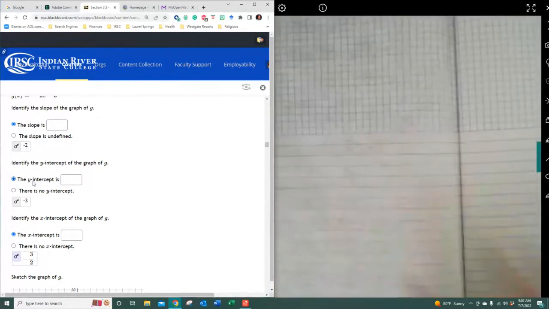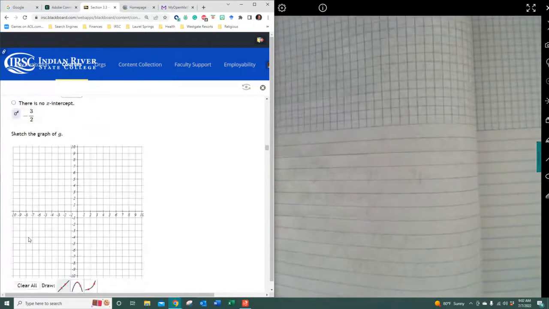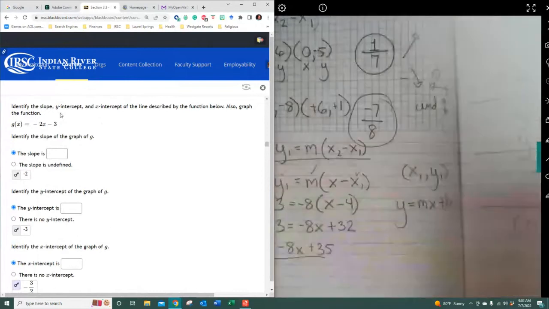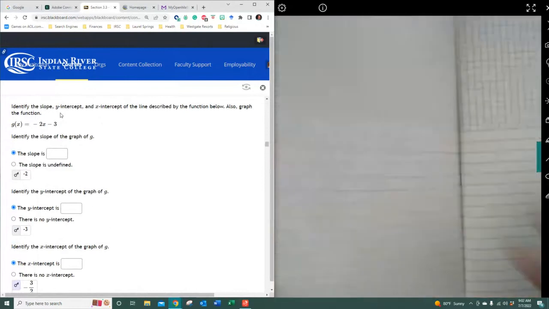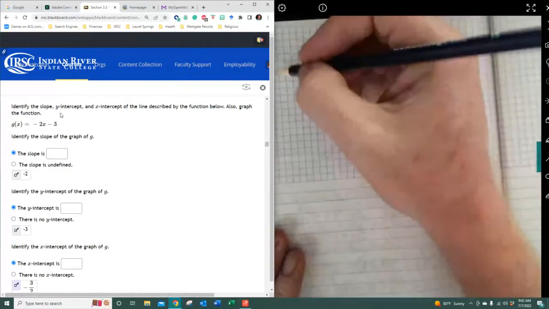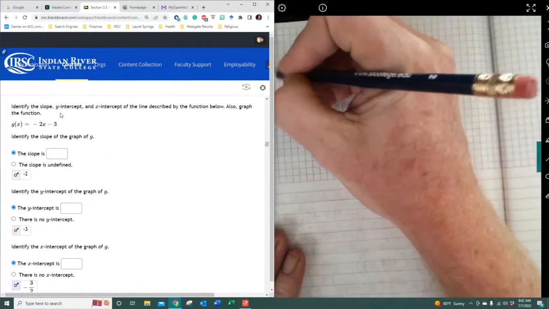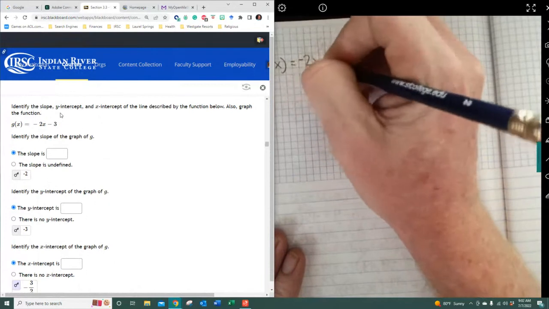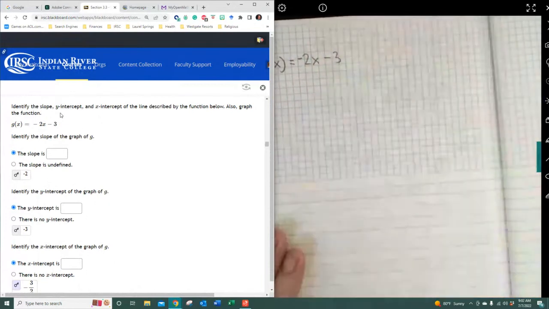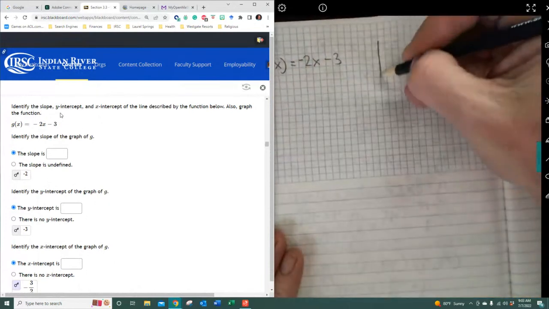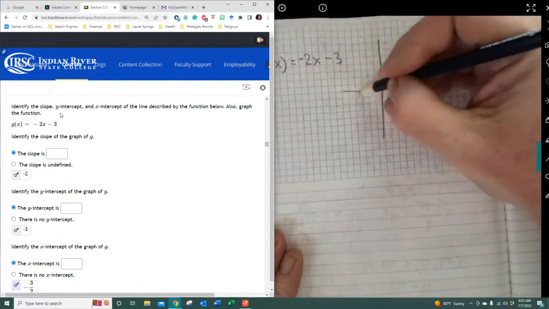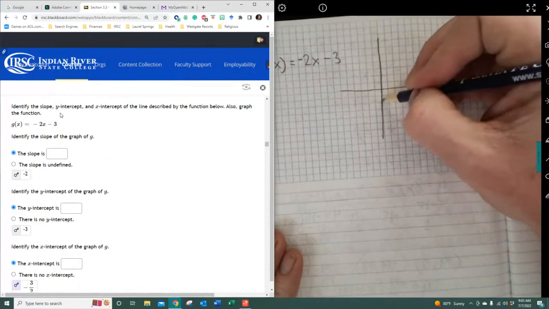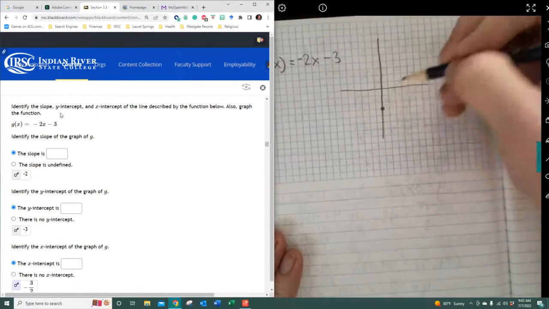So just got to remember, now sketch the graph. Sketching the graph of a linear function is really simple. Just to give you a heads up, this is the procedure. First graph your y-intercept. Here's your y-intercept, so graph it first, 1, 2, 3, put a little dot there.